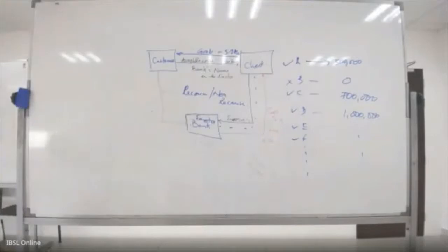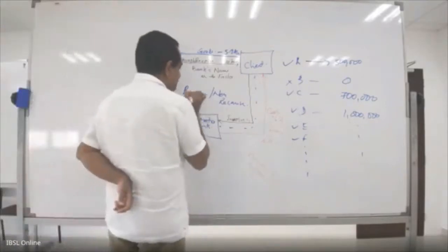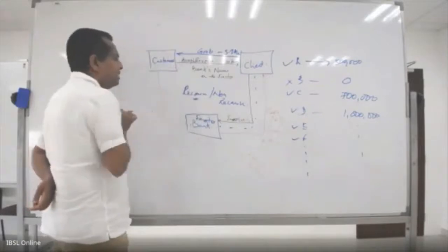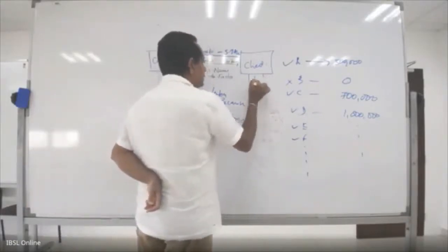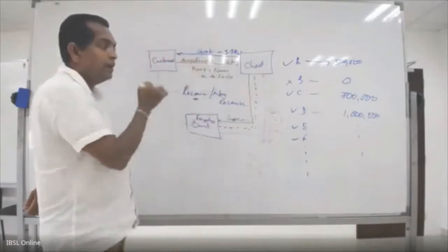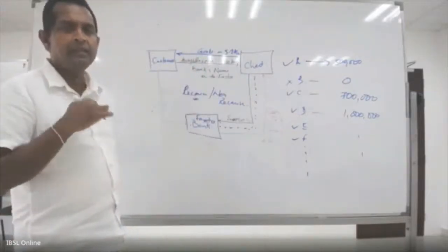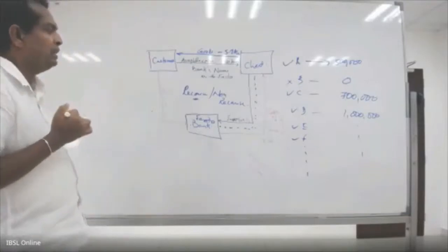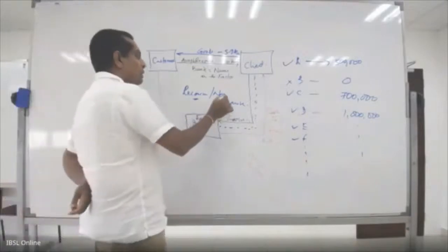It is the bank's problem. Bad debt is the bank's problem. Whereas recourse means if the customer does not pay, the bank can go back to the client and say, your customer did not pay, you pay. That is with recourse. Normally factoring is on a non-recourse basis.